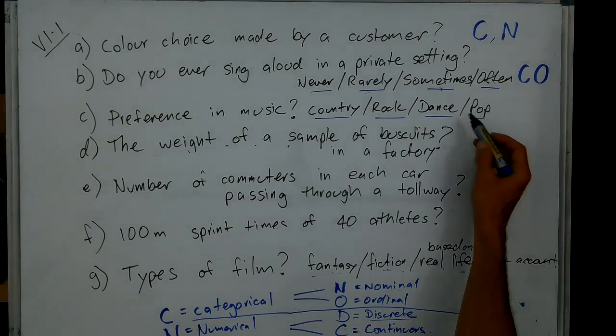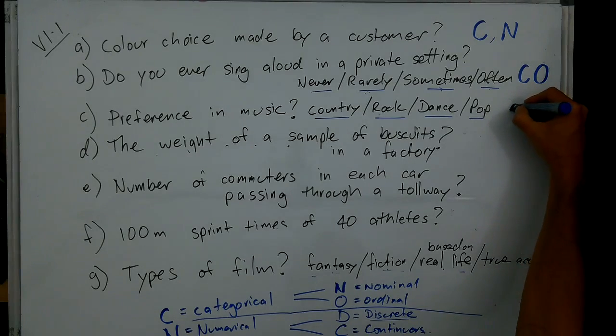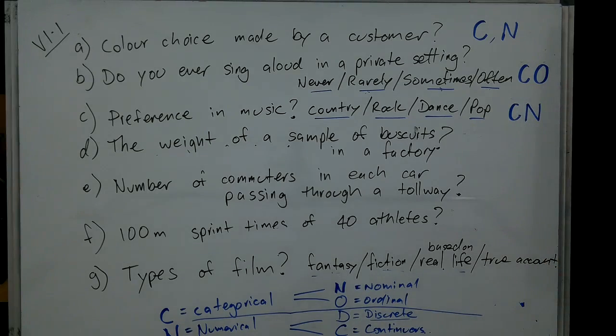But there isn't really an order to these categories. I suppose you could order them in terms of what year they were popular, but we're just interested in people's choice preference. So this is categorical, and these are just named categories. So it's categorical, nominal.